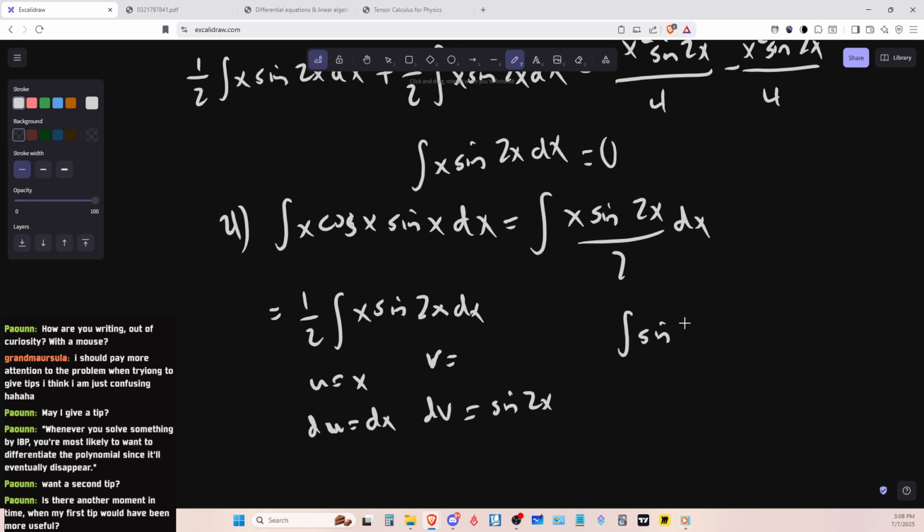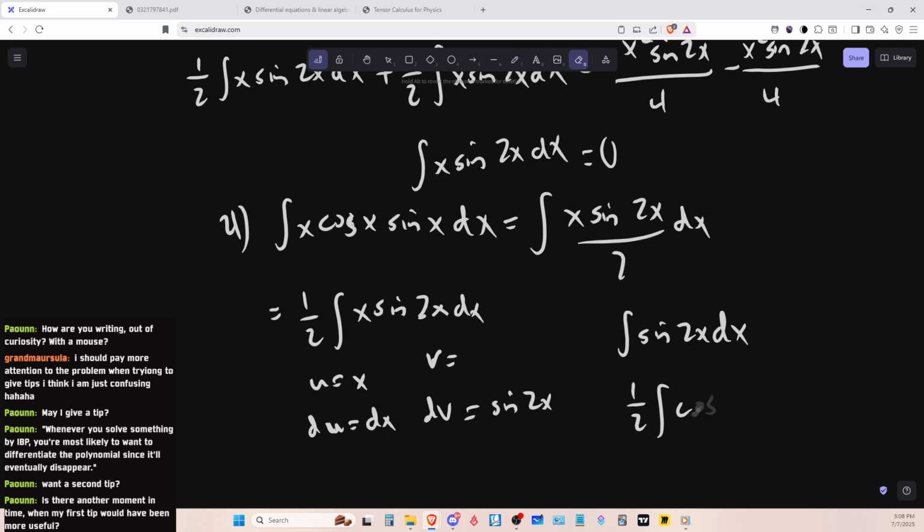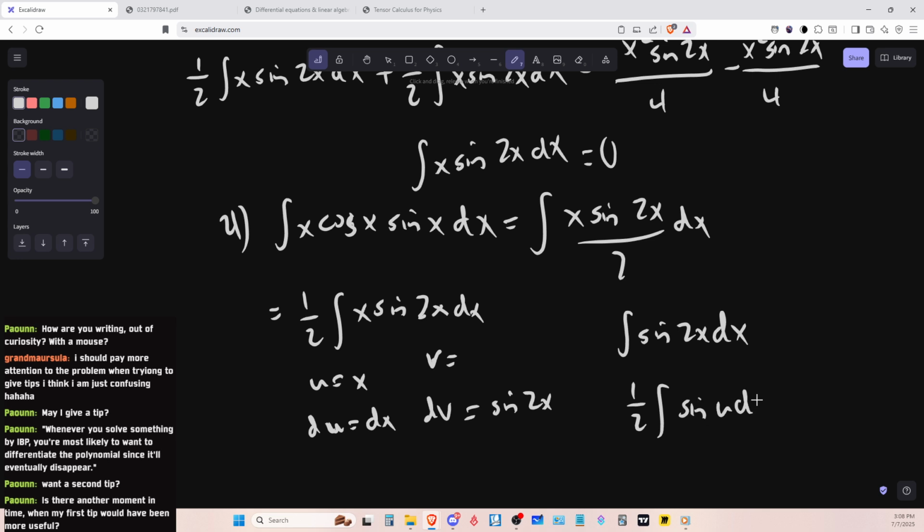I'm just gonna make sure that I remember the principles, so I think it's gonna be half, and then cosine, oops, no, it's supposed to be sine of u du, which gives us negative cosine, so negative cosine 2.